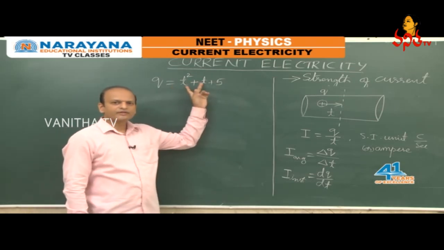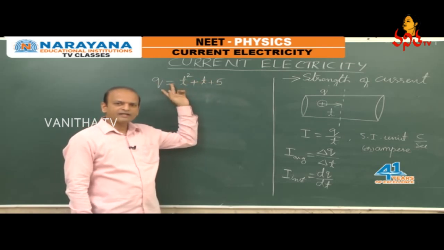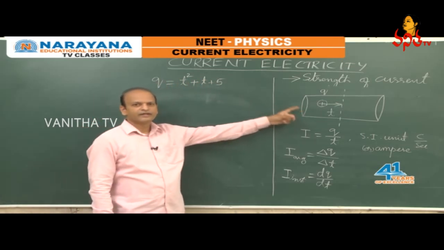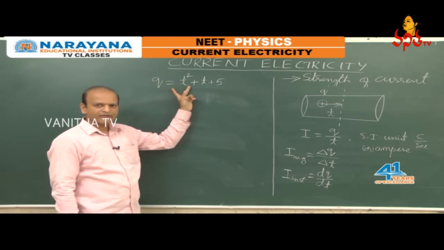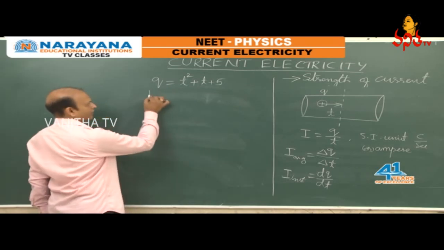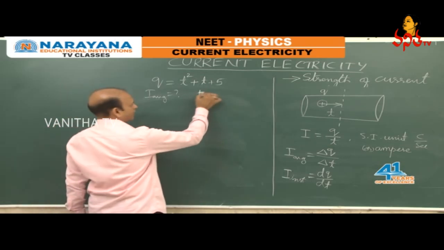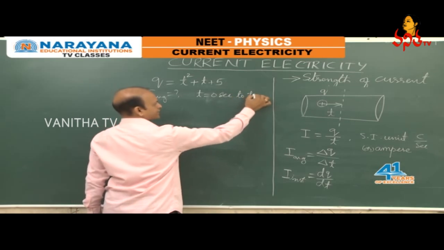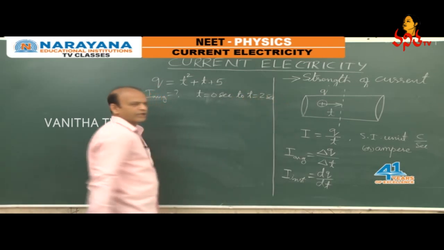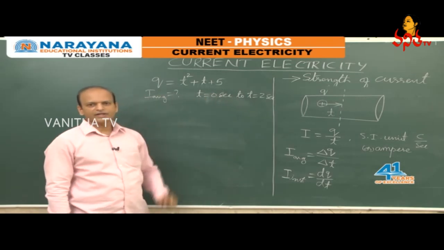Charge is flowing according to this equation. Time to time the charge is changing, or variable charge is passing through the conductor. If the charge passes according to this equation, then we have to find out average current in a time interval of 0 second to 2 seconds suppose. In between 0 second to 2 second, we have to find out average current.